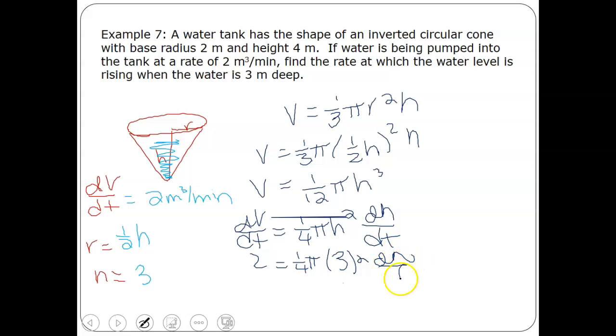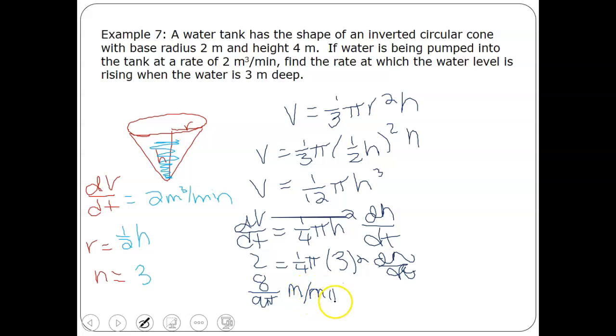We're looking for dh/dt. So you have 9 pi over 4. So you flip it to get it to the other side. So it'd be 4 times 2, which is 8, over 9 pi. 8 over 9 pi meters per minute.